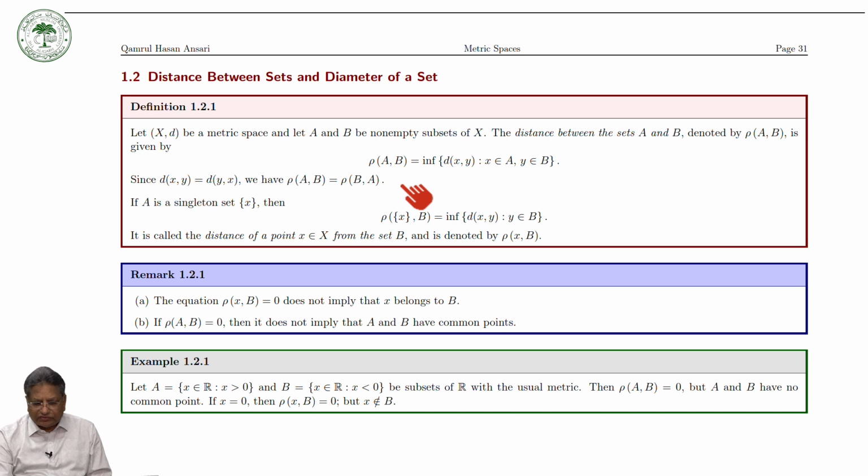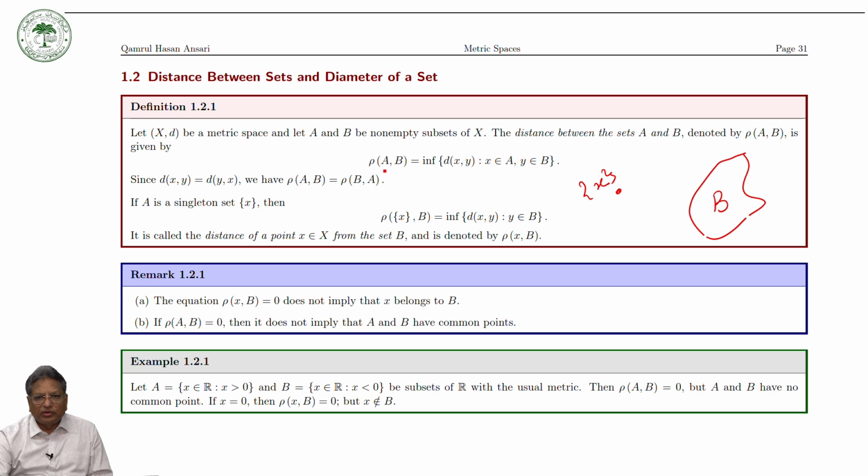Now, instead of taking a set A, suppose you have a point x, and you have a set B. So what would be the distance from a point x to the set B? You can treat the point x as a set consisting of a single element, and now you use the same definition.